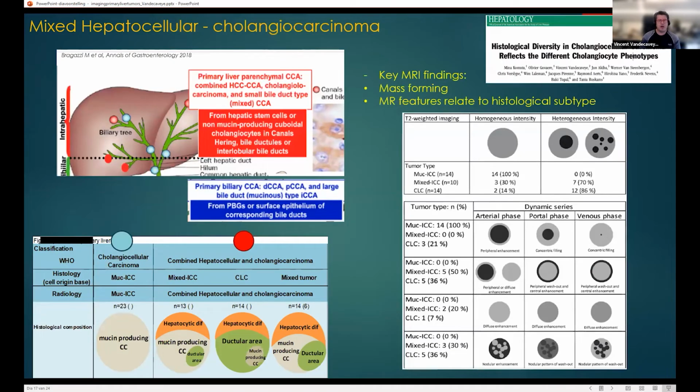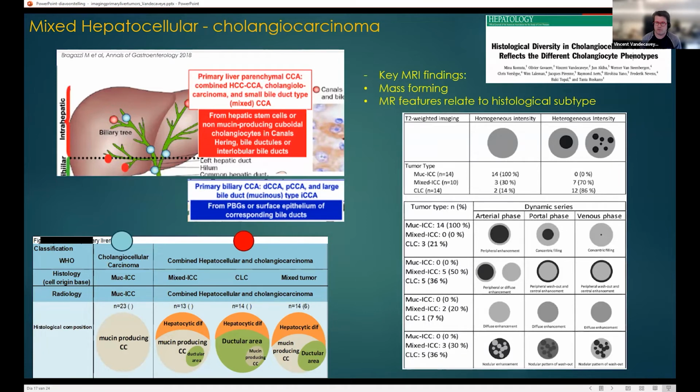But then through the work of the group of Tania Roskams, I became really aware of mixed tumors. And actually in this Hepatology paper, we had an MRI sub-study that was published with these histological results. And we could correlate the MRI findings in mixed hepatocellular cholangiocarcinoma with the pathology.